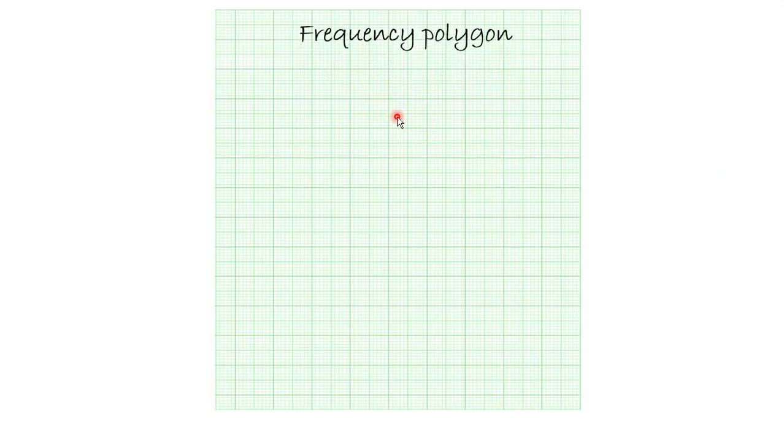So let me get here my graph paper, so you can get a graph paper or a graph book. We are going to be plotting or constructing the frequency polygon. So first of all, we need to have that heading, frequency polygon.